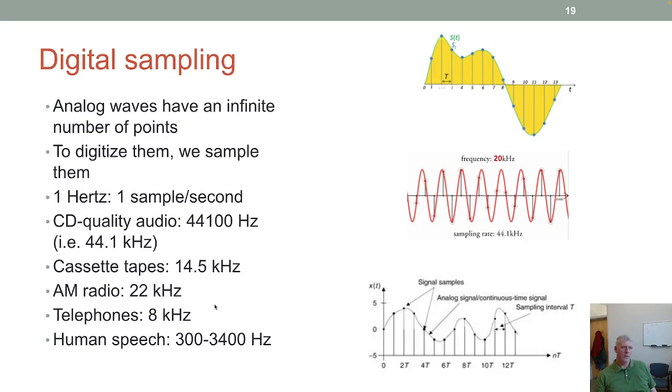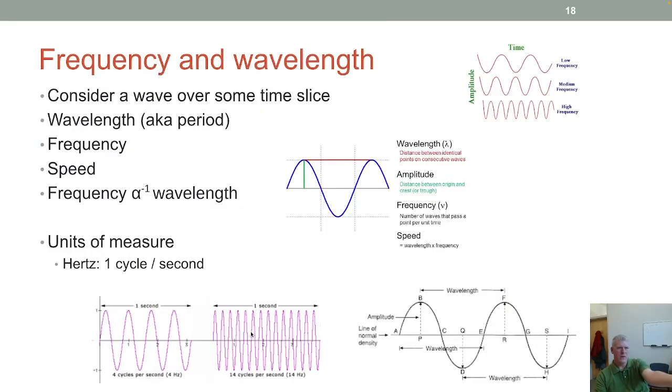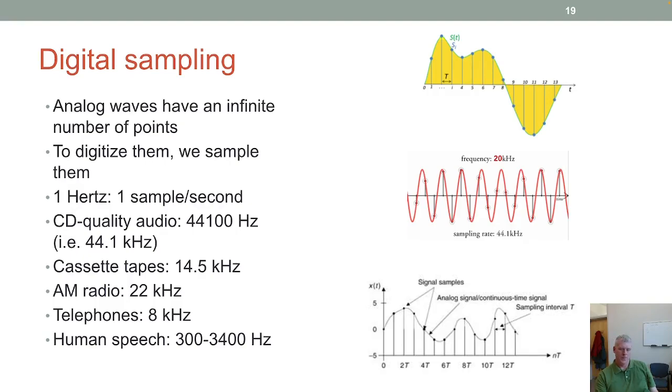They're sampled at 22,000, that K is 1,000, right, hertz. Telephones, the audio quality of telephones is so poor because it's only at 8,000 hertz, or 8 kilohertz. Human speech ranges between 300 and 3,400 hertz on average. So, like I said back here, we wouldn't hear those waves on the bottom left of this slide because they're too low for us to hear.